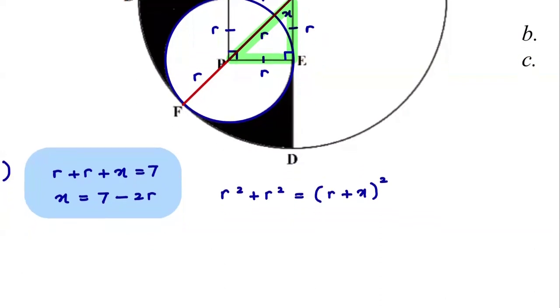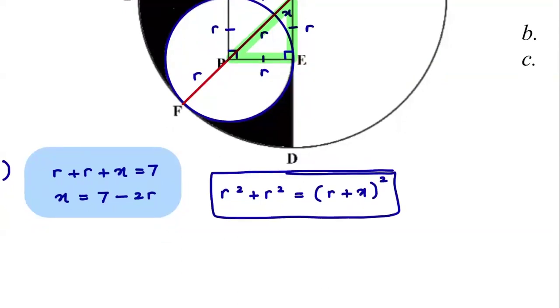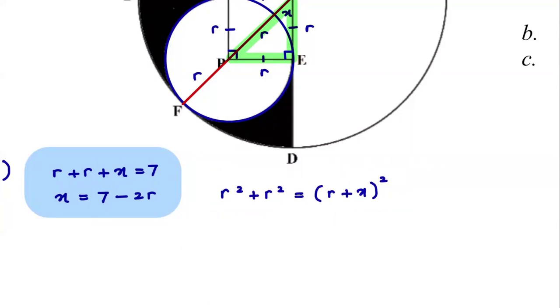Great. So what I'm going to do now, everything should be in the same terms, right? Easy for us, one variable. One variable means easy for us to solve. The best part is we already have this one, so you can substitute here so that the entire equation will be in r.